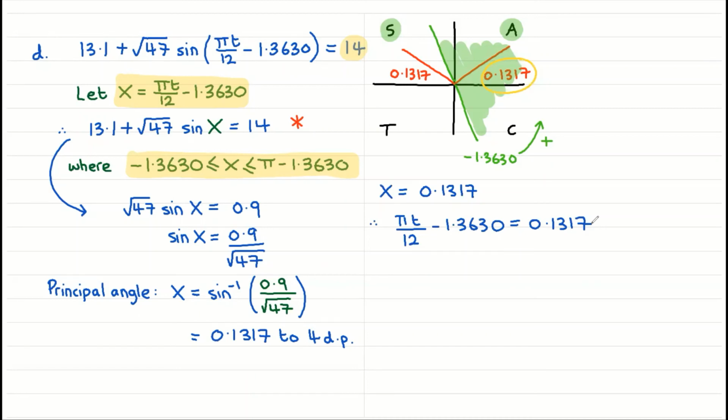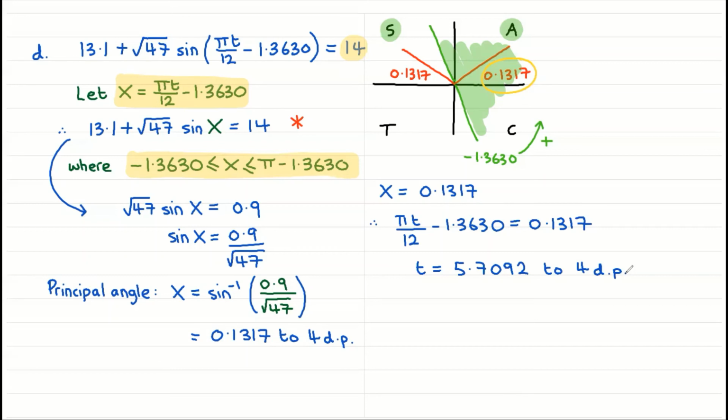So when we do that, okay, I'll do this for you. You will get 5.7092 to 4 decimal places. You can just check this on your calculator. Now, again, we've got to make sure we've read the question carefully. It wants the time, presumably of the day, to the nearest minute.